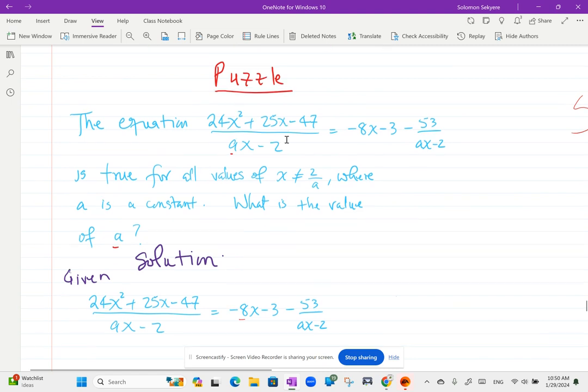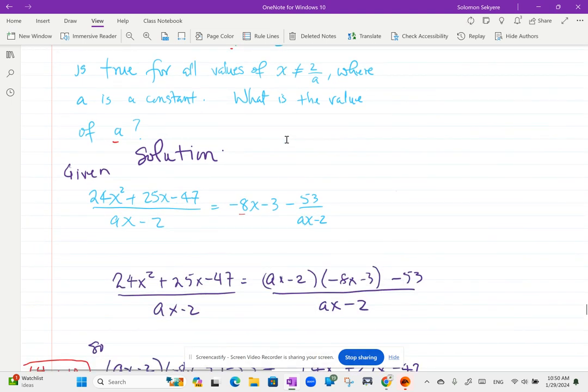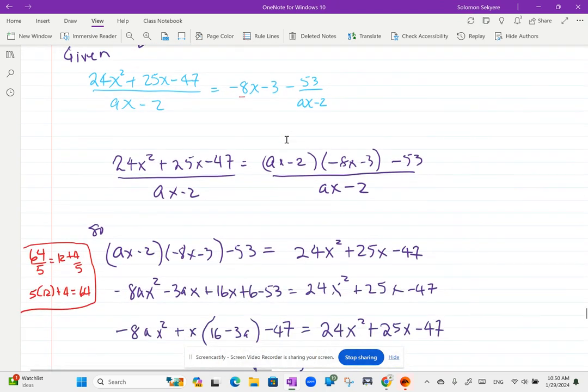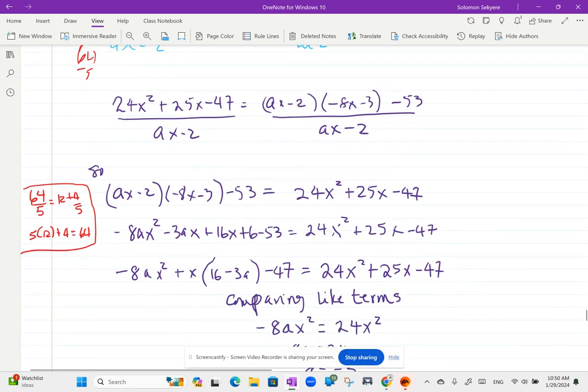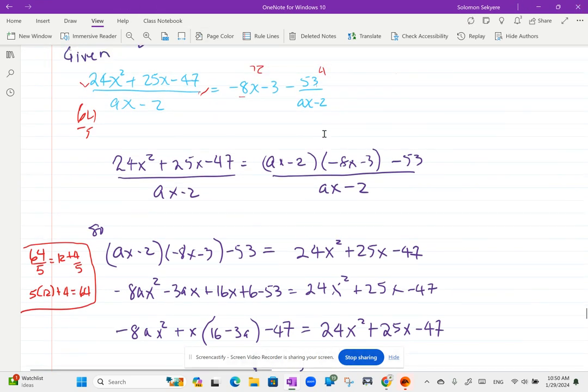Okay, but what's the thought process? If you have something like this, remember 64 over 5? 64 over 5, that's your 12, 4, 5. It's the same as, what do I do? Okay, this times this minus that, all over. Okay, that's what I did.